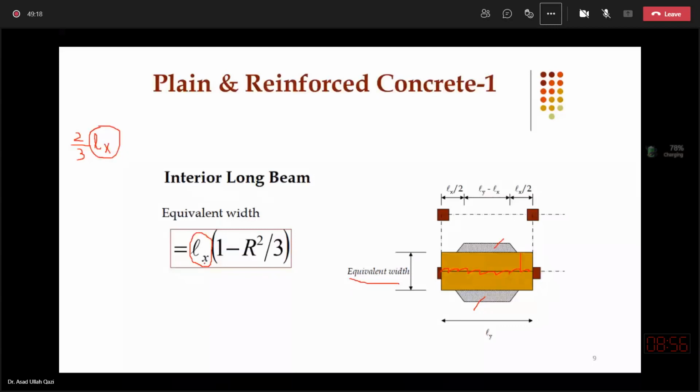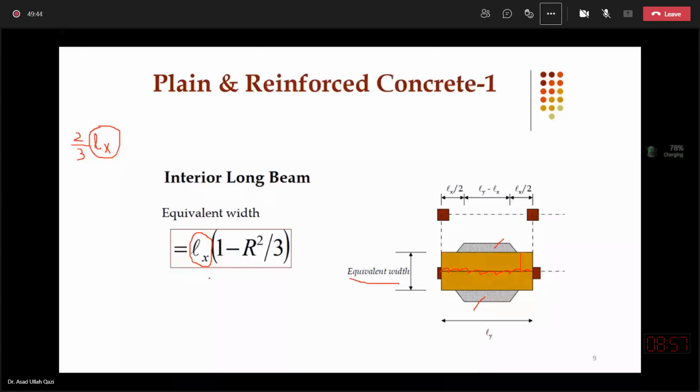Don't forget that in both derivations, the final outcome is that Lx is involved in the calculation of the equivalent width, and it will be proved when you go through this derivation.